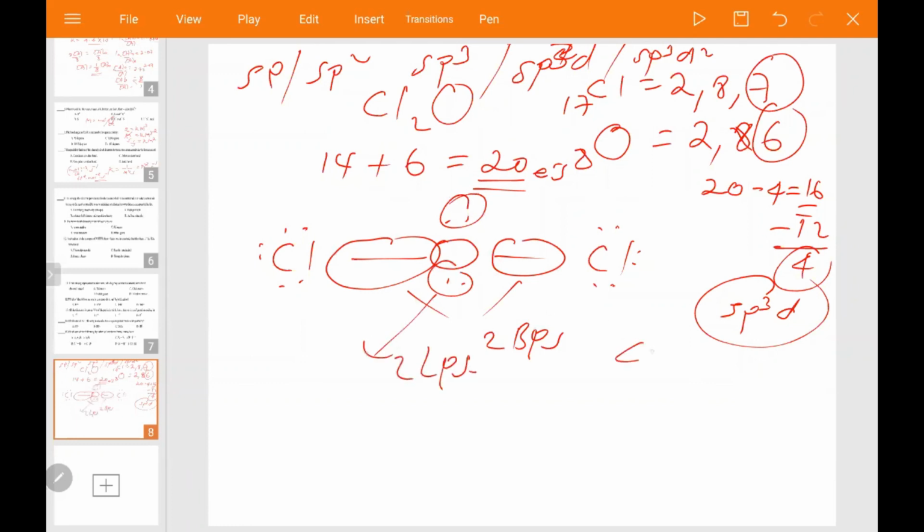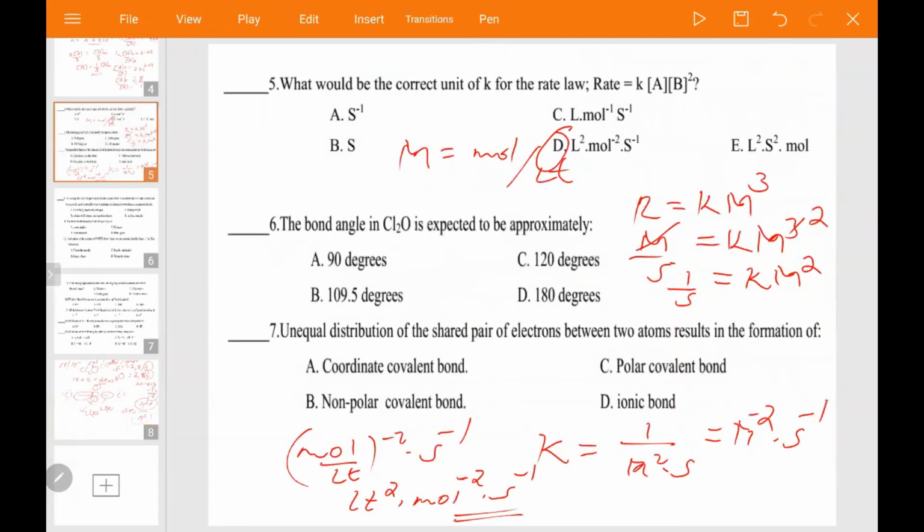So together there are 4 pairs of electrons, and 4 pairs means sp3 hybridized. If you are asked the hybridization type, it is sp3. If it is sp3, what is the angle? The angle is 109.5. Clear?